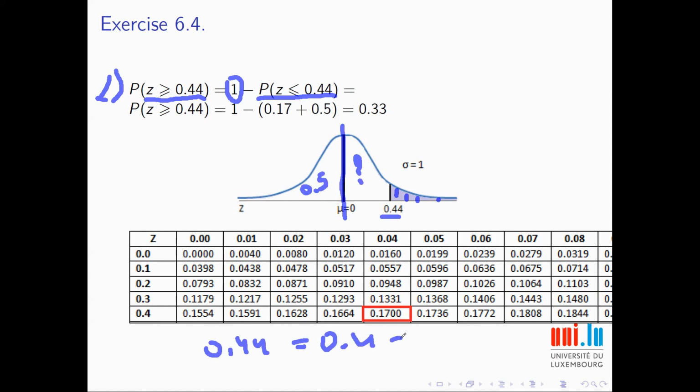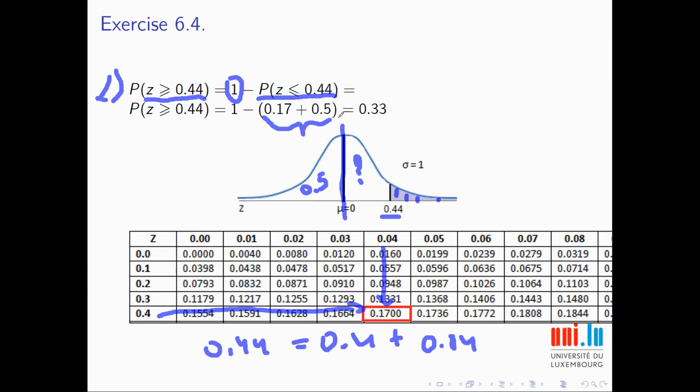So we decompose it in tenths and hundredths. We are looking for the intersection, which is equal to 70%. So we sum these two probabilities up, and we subtract it from 1.